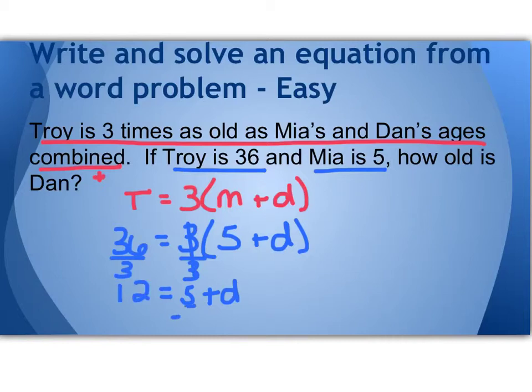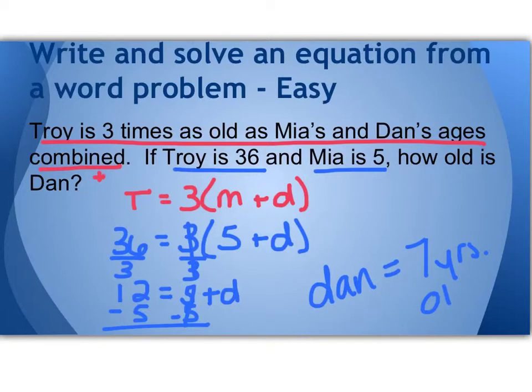And then I have to subtract 5 from both. And that means that Dan, D for Dan, is 7 years old. We already knew the answer from before, but now we can see officially how it would work in an equation and how we would actually work the problem out in the end.